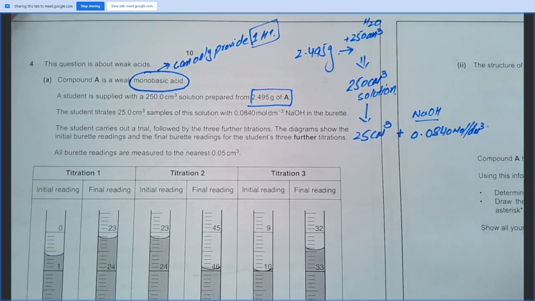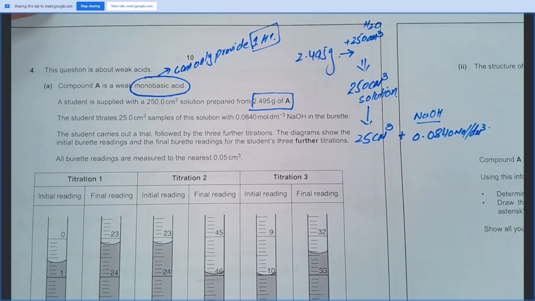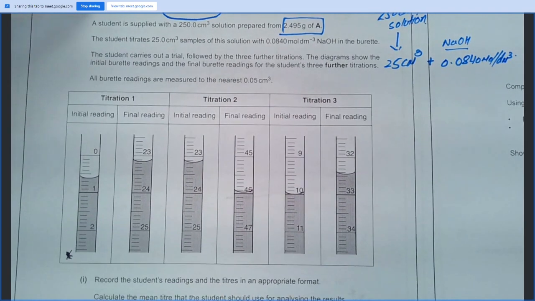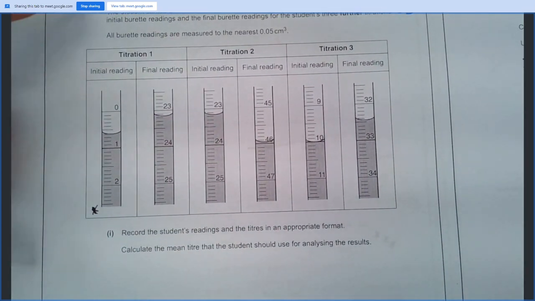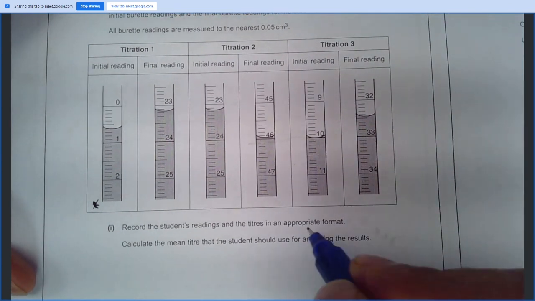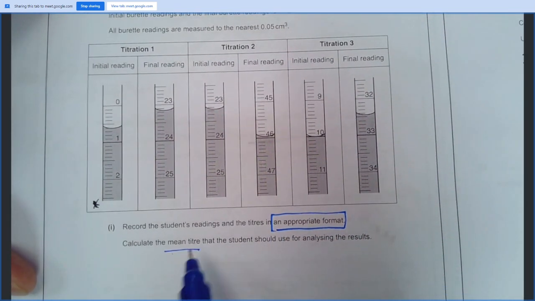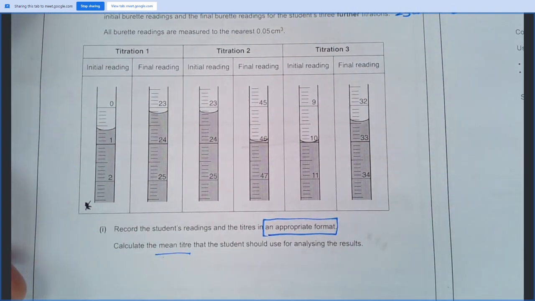When they titrated it, they did it 4 times. One was the rough titration, and then they repeated it 3 times. When they repeated it, they took pictures of the burette, and they've given us a picture of the burette. It now says record the students' readings and the titres in an appropriate format. Then calculate the mean titre that the student should use for analyzing results.